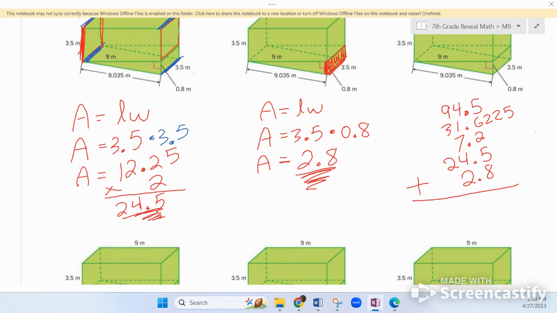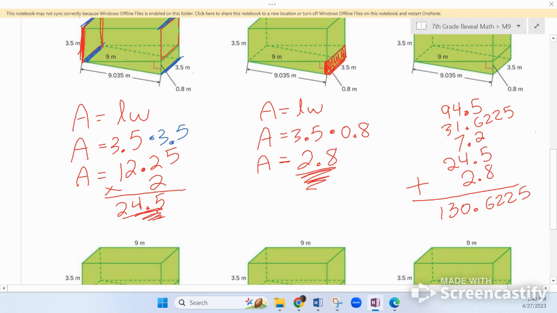97.625. Say it one more time. You might have missed one of them, I think. Because this one's already 94. I don't know. Did you divide by 2 or something? I'm not sure. Try it. 130.6225. Like that?